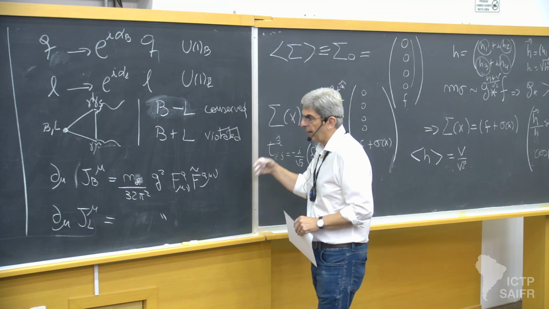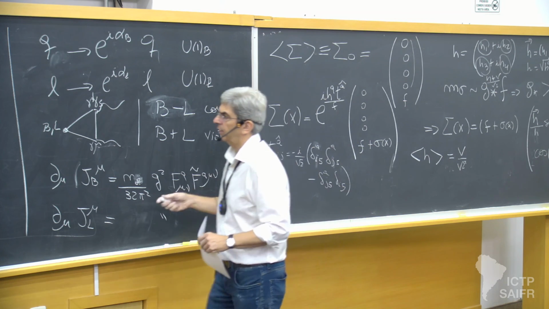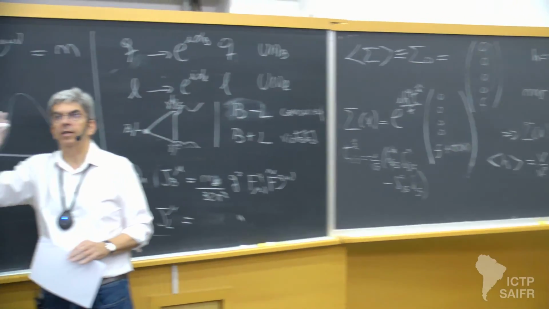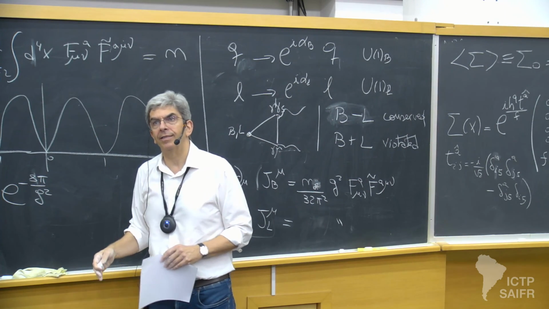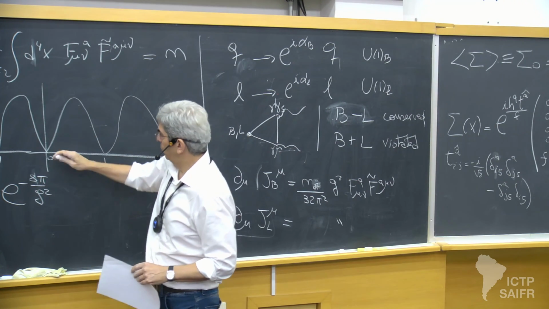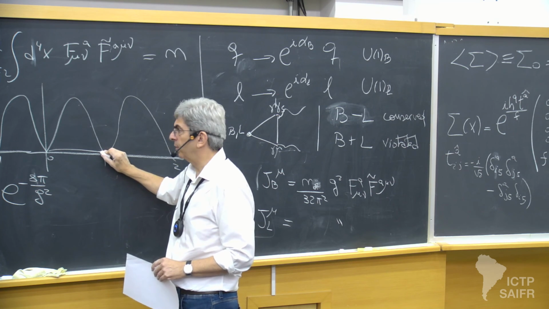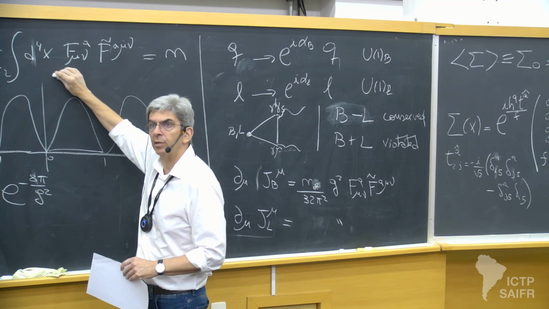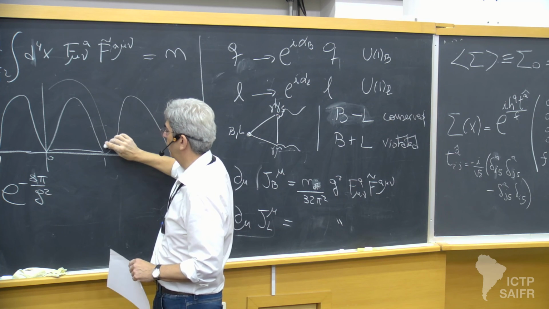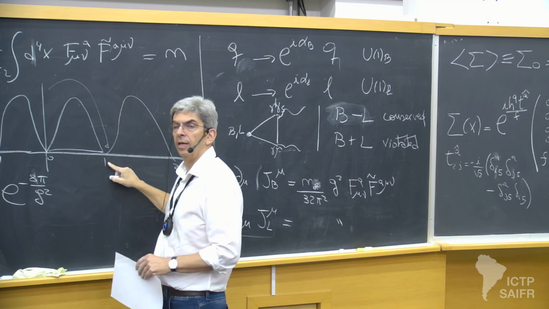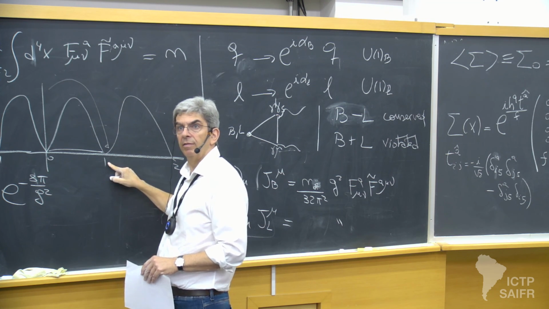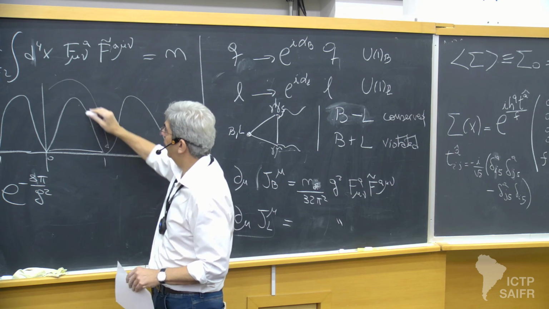So anomalies are important in trying to understand baryon number violation in the standard model, and of course, everything you've heard about thermal field theory will allow you to think that tunneling at 0 temperature obviously is extremely suppressed, but maybe at high temperatures, you could go over the barrier and violate B plus L, right, in the SU(2) theory.